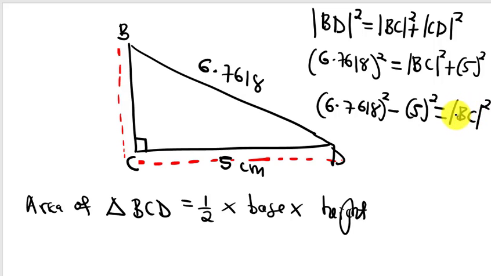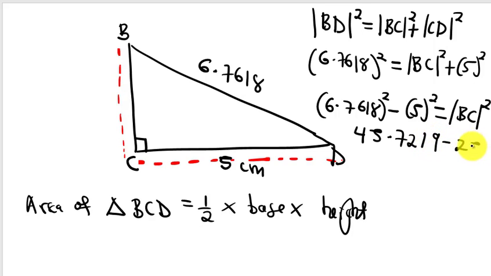So if you want BC, you take the square root of both sides. Okay, so 6.7618 all squared is going to give us 45.7219.